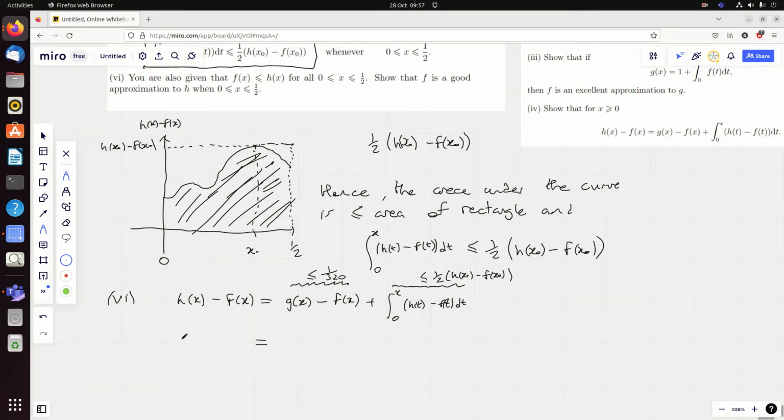Then what I can say is, as that is definitely at max 1 over 320, and this is definitely at max a half like that, and this equals this, then that implies that h of x minus f of x is going to be less than or equal to 1 over 320, because this is, and it's equal to this. And I'll just write this down the same as before for the moment.